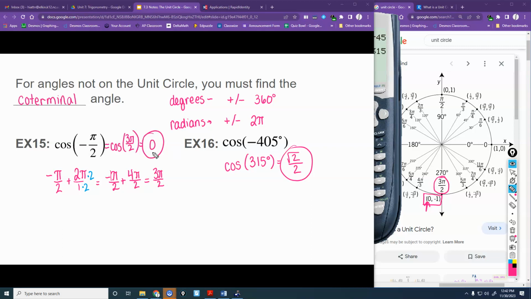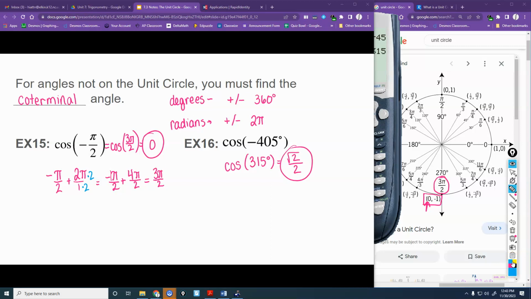Now, I'm going to tell you about something. If you are more of a visual person, this is how I usually look at it, and I like to avoid doing this fraction stuff over here. So, negative pi over 2, what did we say about negative angles? What direction do we go in when we have negative angles? They are clockwise, right? We go counterclockwise for our positive angles. So the way I think about this is I don't do the math over here on the side. If this makes sense to you, you can do it also.